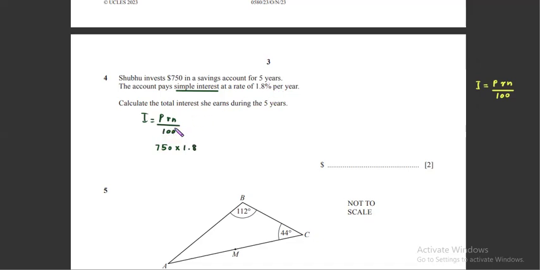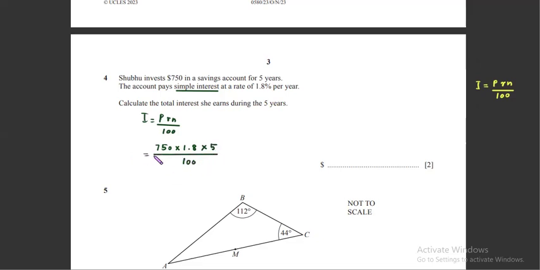Even if it's compound interest, we have the formula A is equal to P times 1 plus R over 100 to the power N. Even there, the 100 is written below R, because the rate is a percentage. So when it's given as a percentage, it means it's always calculated out of 100. You multiply that with N. N is the period of time, which is 5 years. And I need to divide this by 100.